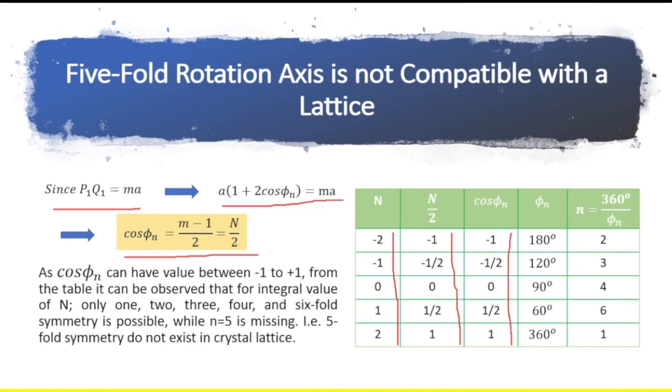From here if we put the value of cos phi, then we will get the value of phi, and from there if we calculate the value of n as 360 by phi, we can see there is 2, 3, 4, 6, 1, but there is no 5. So it means the 5-fold crystal symmetry does not exist.